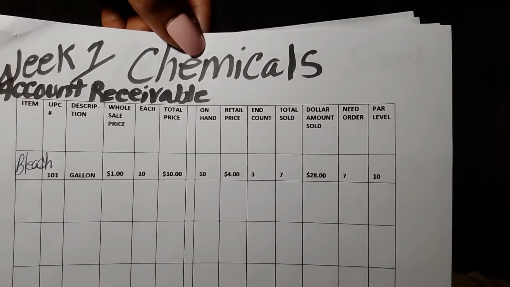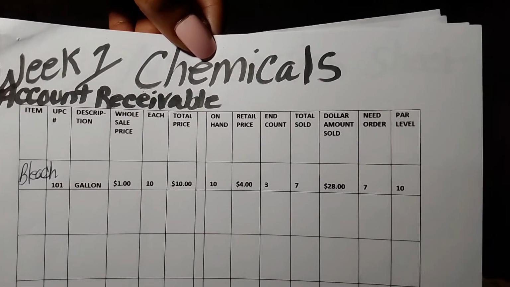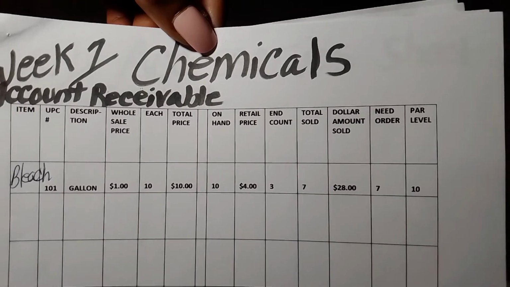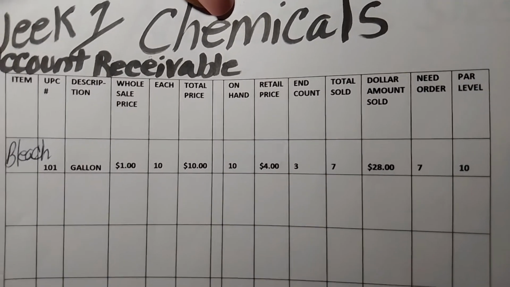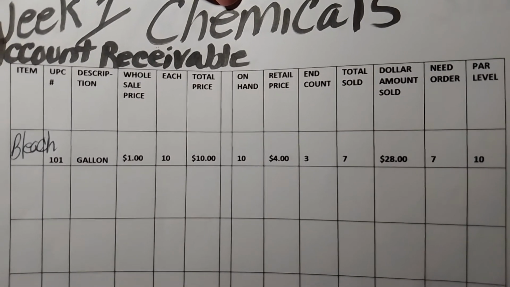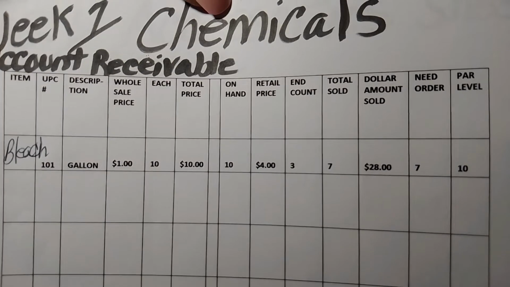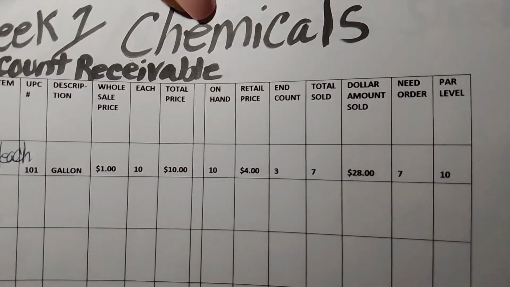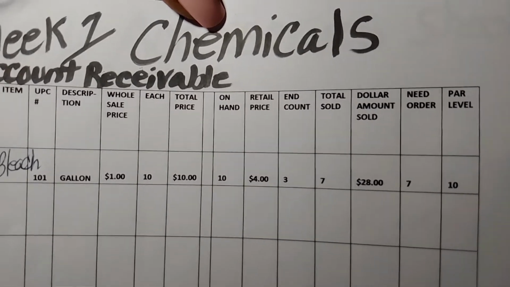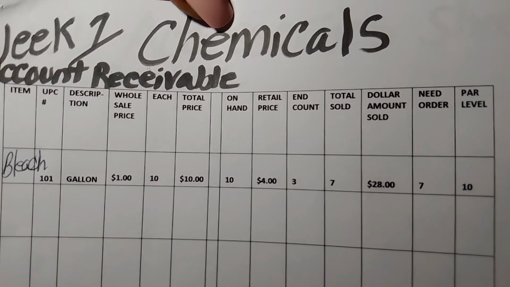Then the columns: the item, bleach, UPC number is 101, and then the description is a gallon, and then your wholesale price that you paid for it from the vendor is $1, and you ordered 10 of them, so your total price that you paid for it is $10, okay?